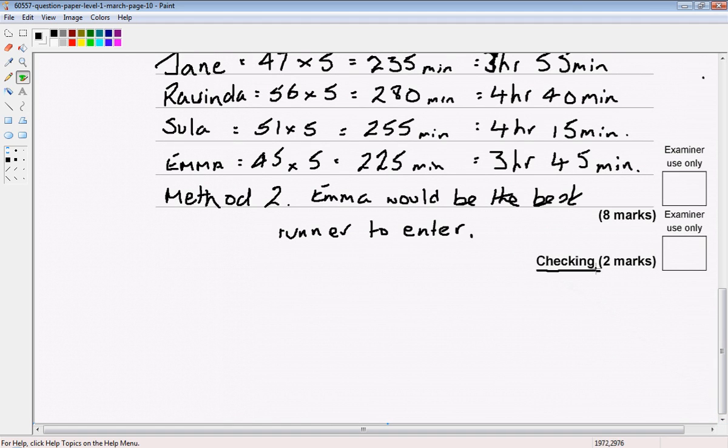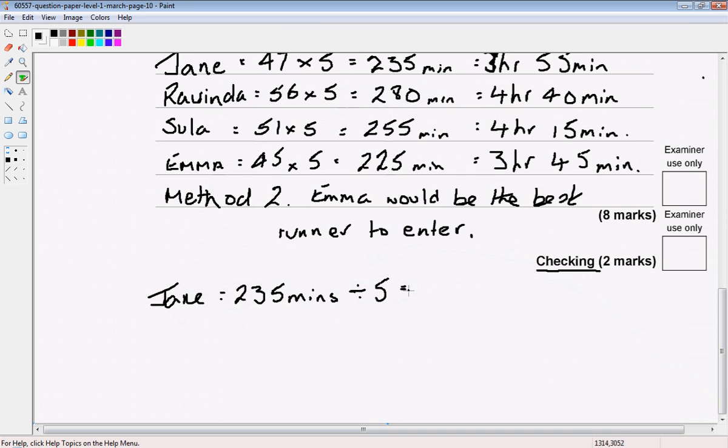Okay, so here it says we have to check. So again, I would take one of these calculations, and then this would be just a reverse operation. So Jane, now she is 235 minutes.